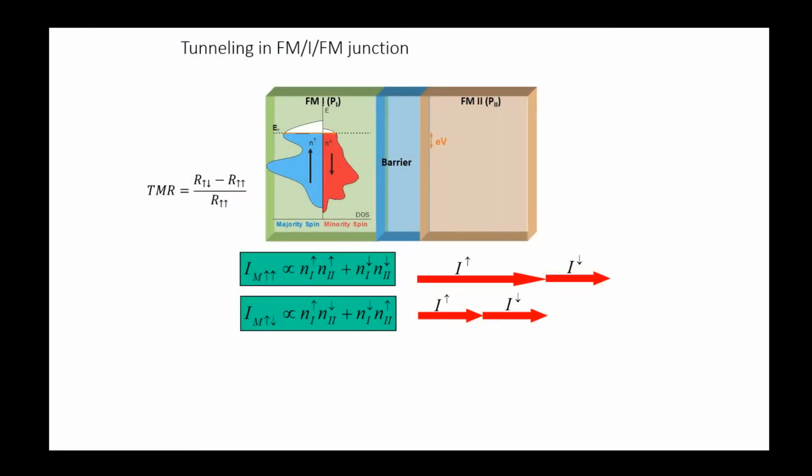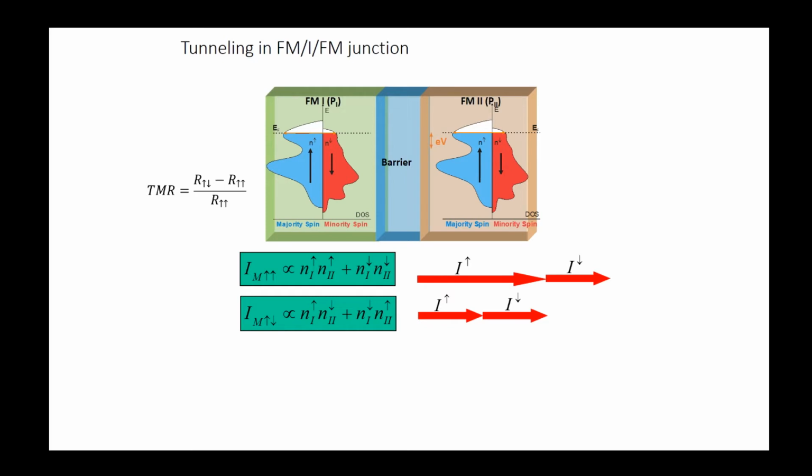To understand why the resistance of the parallel and anti-parallel orientation of the two magnetic layers is different, let us take a look at the amount of current passing through this structure in these two cases. The major point to note here is that an electron with up spin can only occupy a state with up spin, and vice versa for down spin.